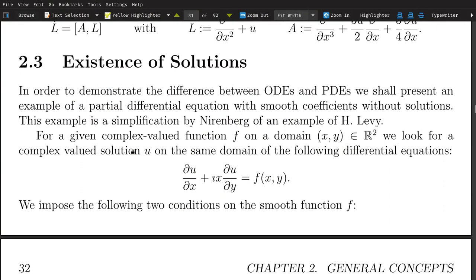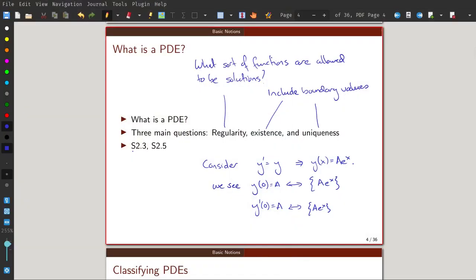There is actually this example of a partial differential equation that is nowhere solvable. So there is no function that obeys this partial differential equation, and this is really strange. So existence can be quite a difficult thing for partial differential equations, is what that section is pointing out.